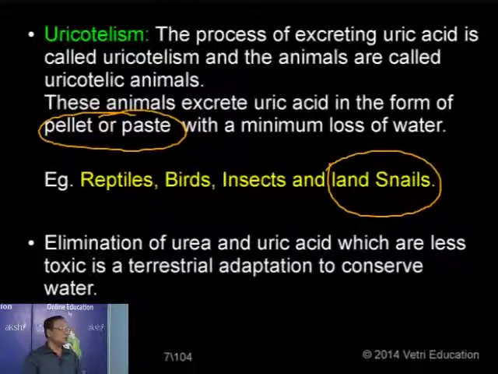Also, urea can be stored in the blood for some time before it is transported to the kidneys and excreted. It can be retained in the blood for some time without any toxic effect. So the excretion of urea and uric acid is considered an adaptation to terrestrial habitat because they require only little water loss.